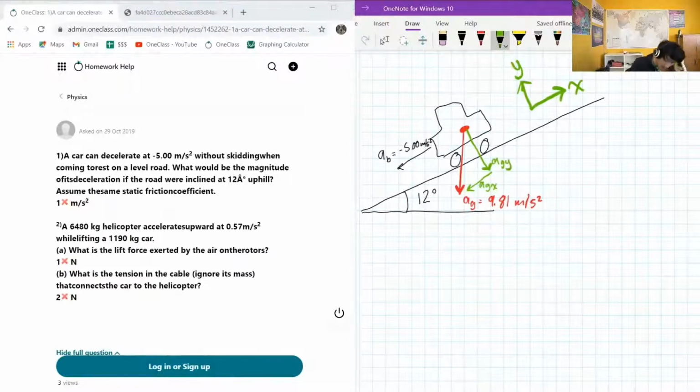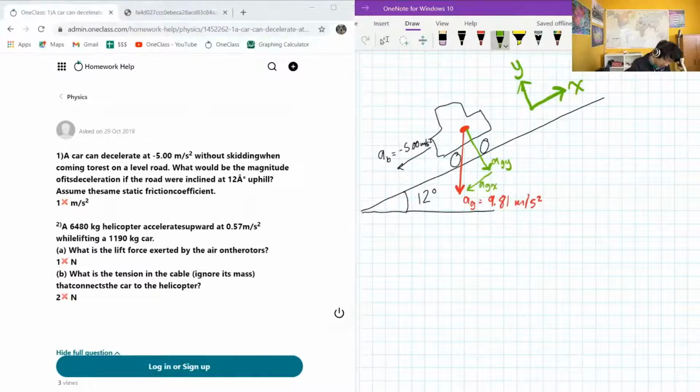Now AGY is not going to be relevant to the overall deceleration as felt by the car itself, because the acceleration AGY is counteracted by the normal force.